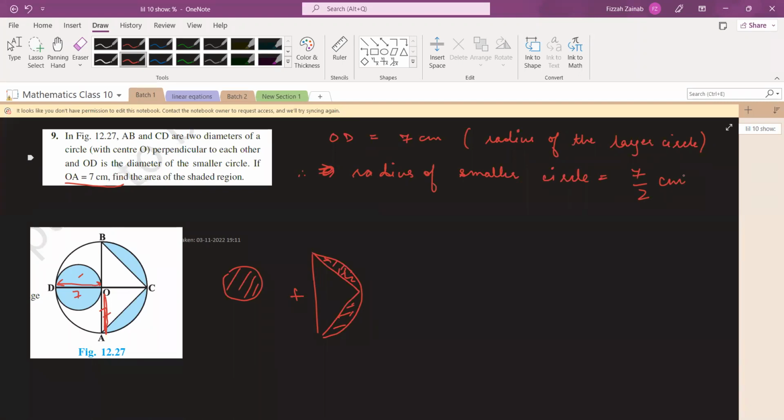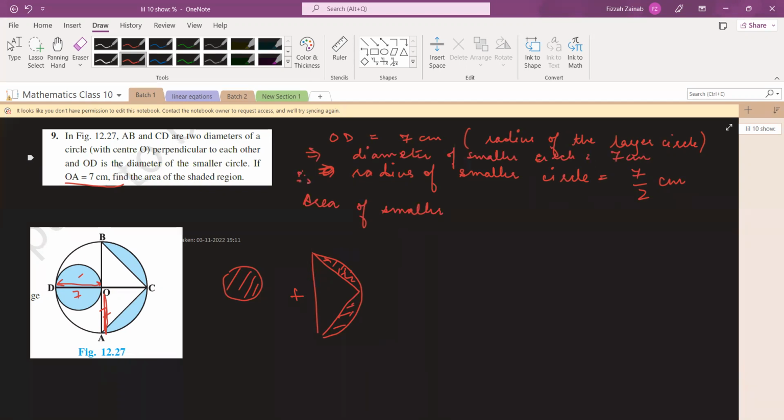Is that clear? Okay, so the area of the smaller circle you can find. Wait, how is the radius 7 by 2? Oh, okay, that's just the diameter. If you are confused, first of all you can write, so that later if you forget, the diameter of the smaller circle is equal to 7 centimeter, right?